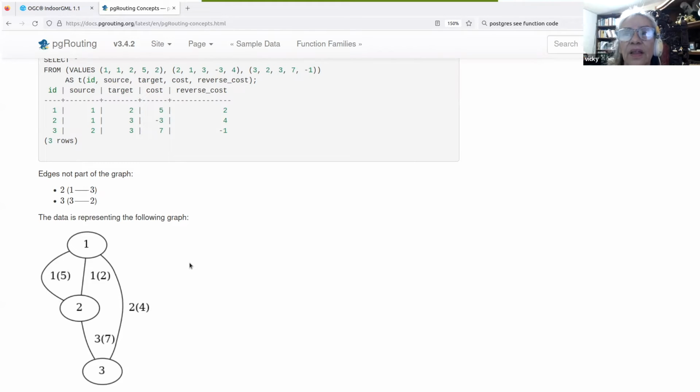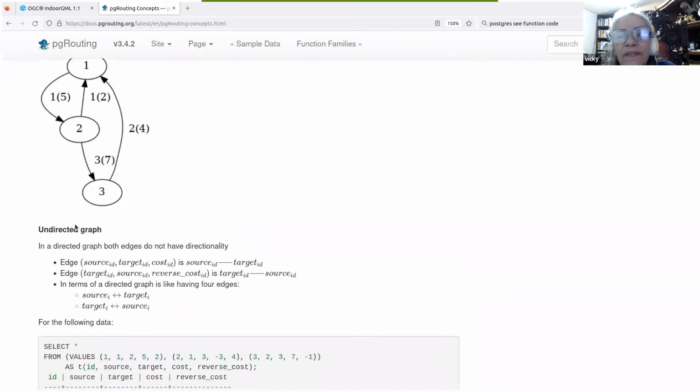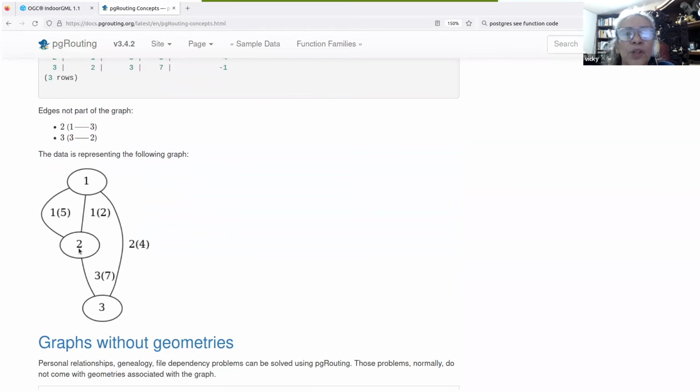So for example, if we want to go from vertex 2 to vertex 3, in this directed graph there is no way that we can start from vertex 2 and reach vertex 3. It's unreachable in this directed graph, but going from 2 to 3, it's reachable on this undirected graph.